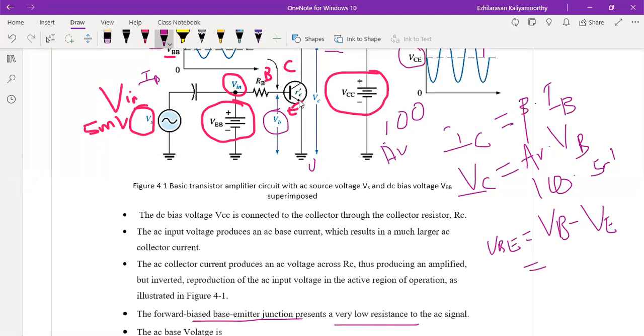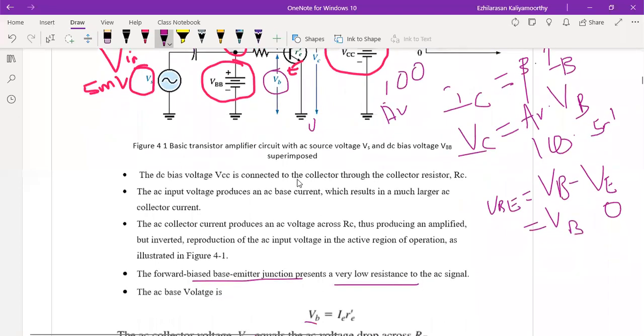The emitter is connected to ground, so VE is 0. Then this is nothing but VB. Sometimes we write it as VB or VE, but here the small case VB is used, so it's an AC quantity.